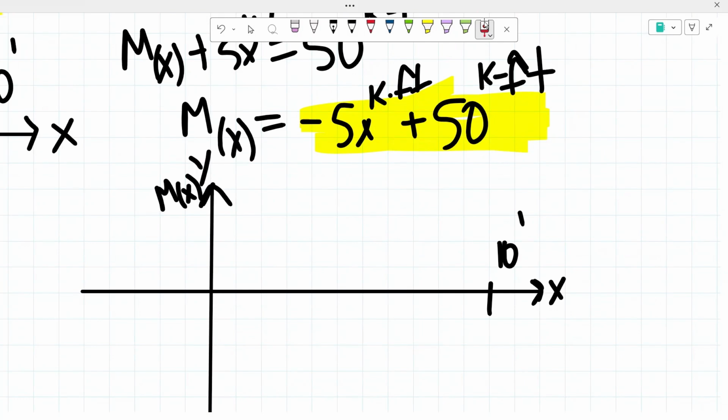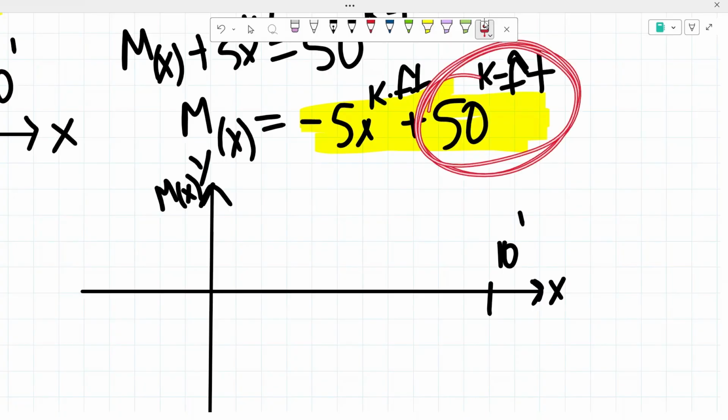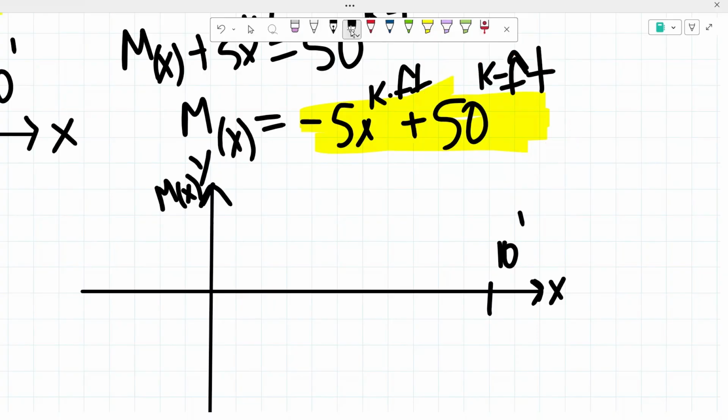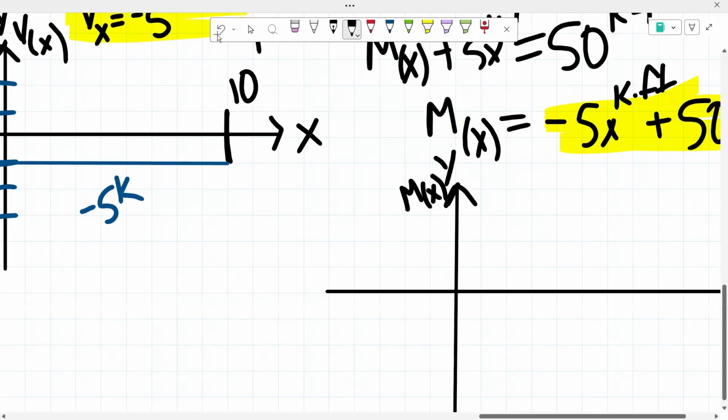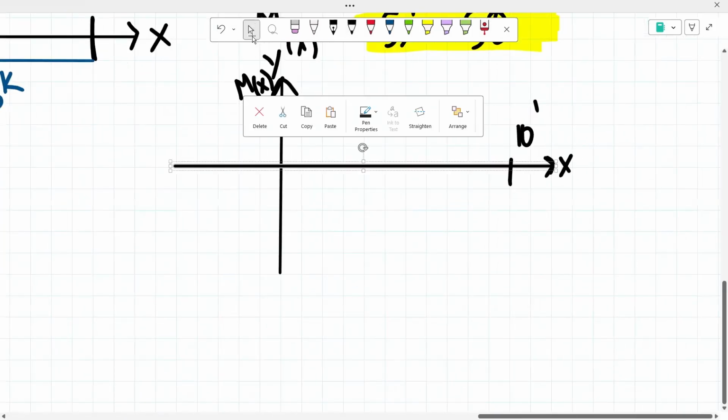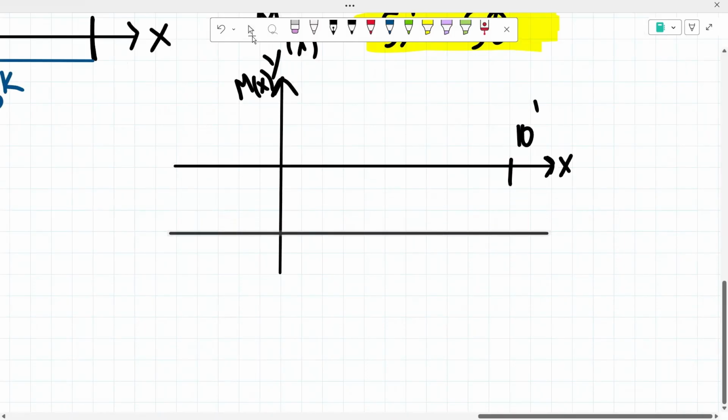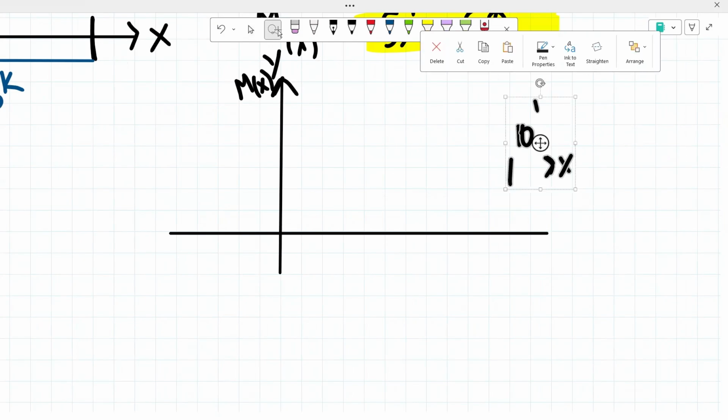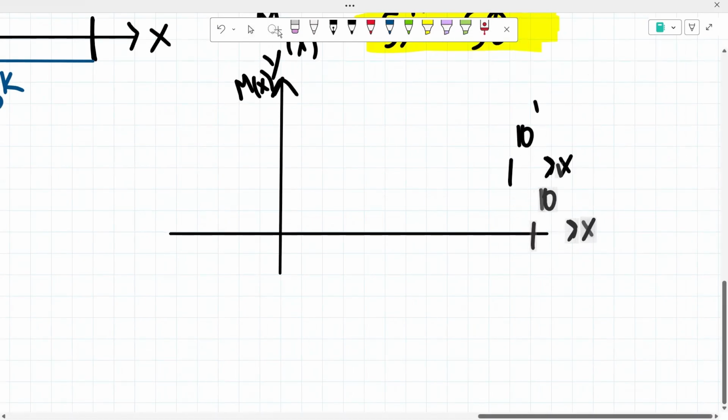So as you can see, we don't have a constant. We have these 50 kip feet that don't change. So that means that we start off this. No, actually, let's move this down a bit just so we have more room to work with.